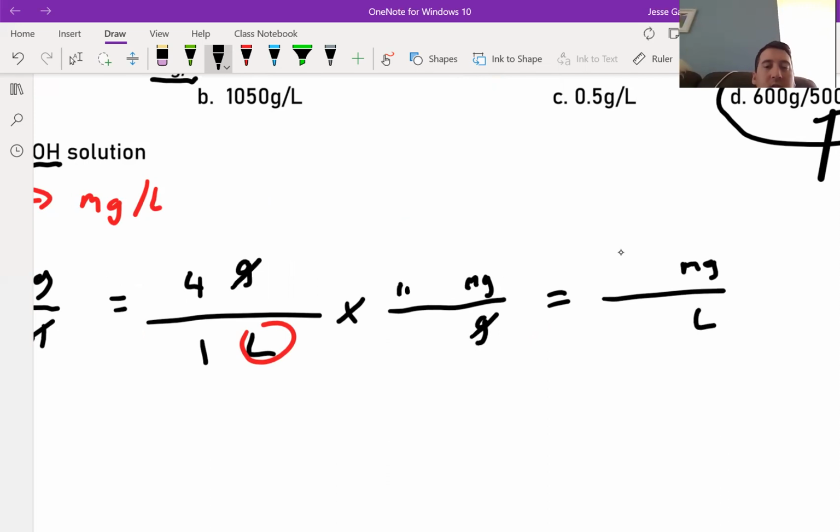I have 1,000 milligrams for every 1 gram. So I'm going to finish this off now. It gives me 4,000 milligrams for every 1 liter, which is 4,000 ppm.